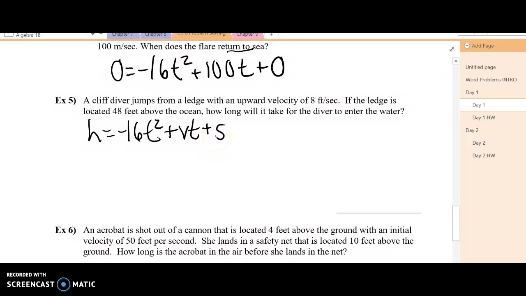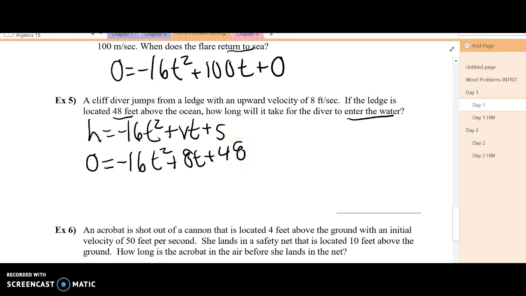Again, we'll be using the equation h equals negative 16t squared plus vt plus s. So the height, we are trying to see if the ledge is located 48 feet above the ocean. So how long will it take the diver to enter the water? So we're solving for a height of 0 equals negative 16t squared plus a velocity of 8t and the starting height of 48.